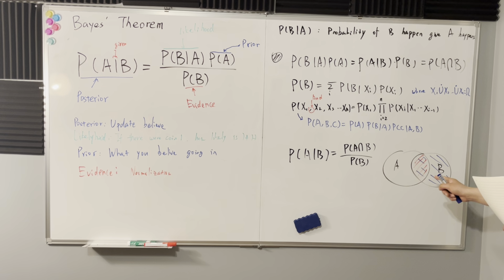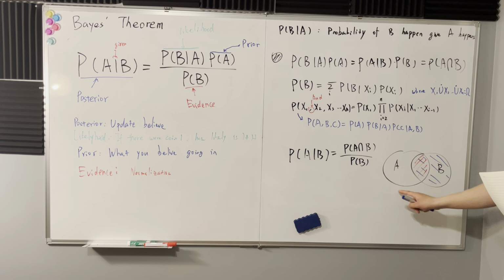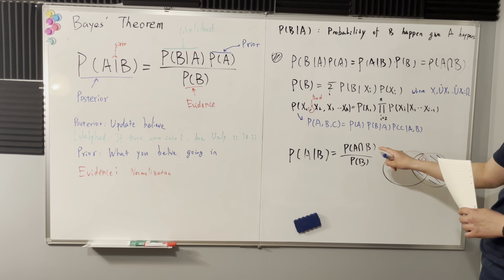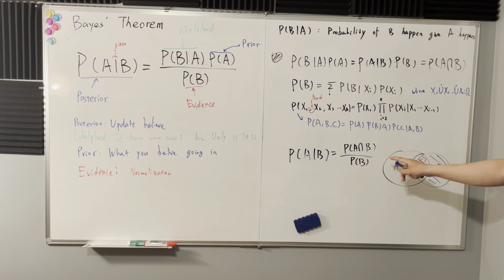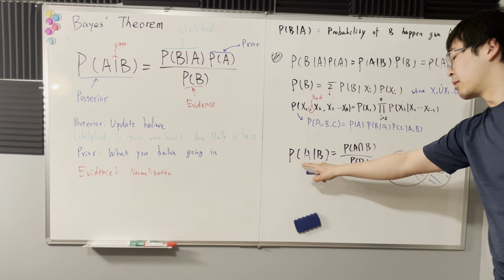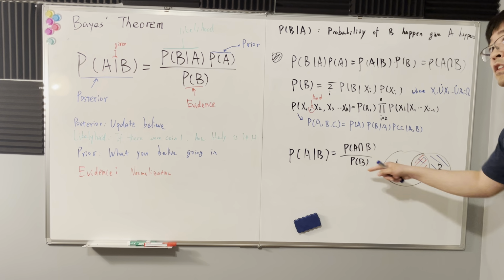You can intuitively understand it as the probability space of A and the probability space of B, and the intersect here marked as red. So this is effectively a ratio of the red over the blue, which is the entire space of B. It is the place where A and B both happened, divided by B happened, and then it becomes the probability of A happening given B.